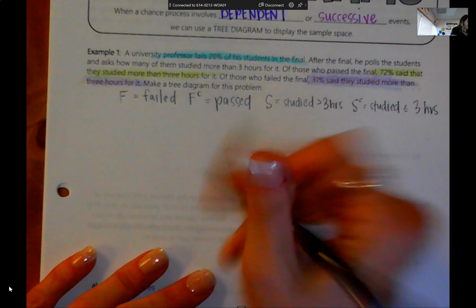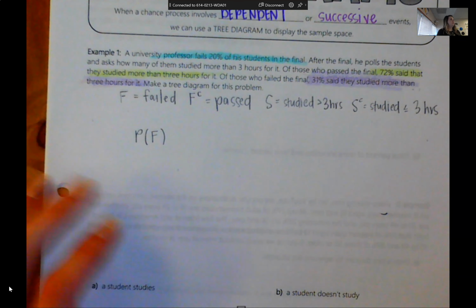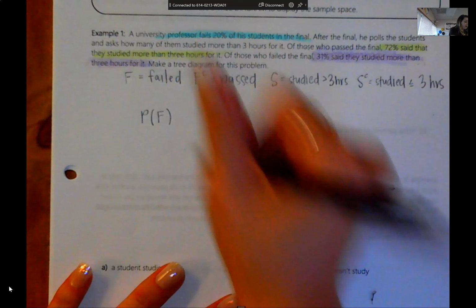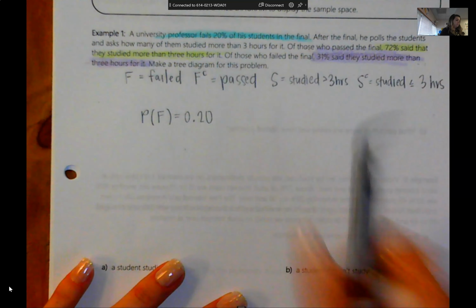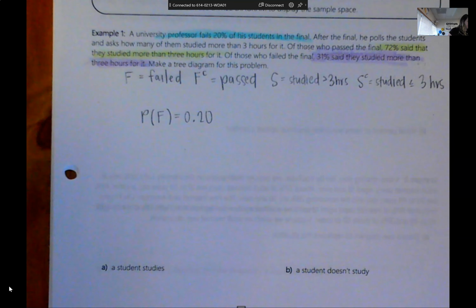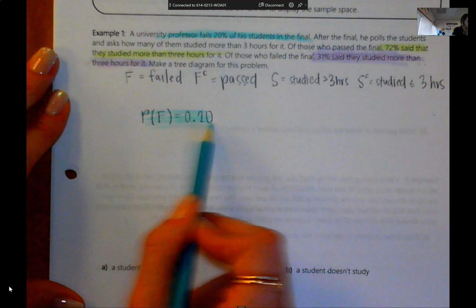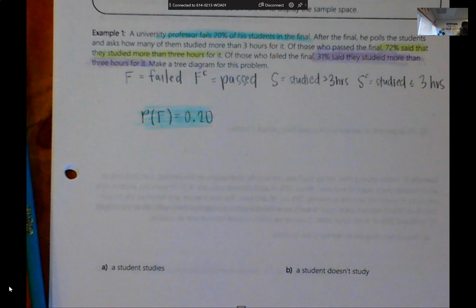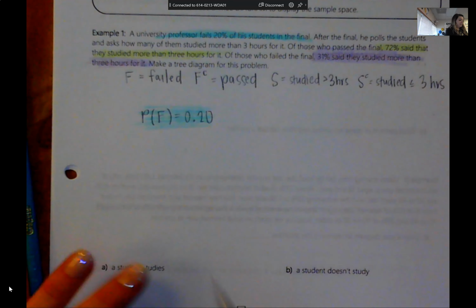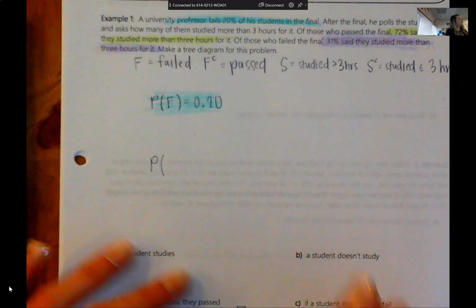So we start with, like I said, the probability that they gave us, which is P of F. They gave us the probability of a student failing is 20%. Notice that they did not give us P of S. They only gave us P of F. I'm going to skip a little bit of space, and then below that, I'm going to write the complement.